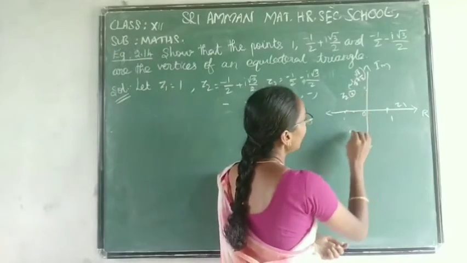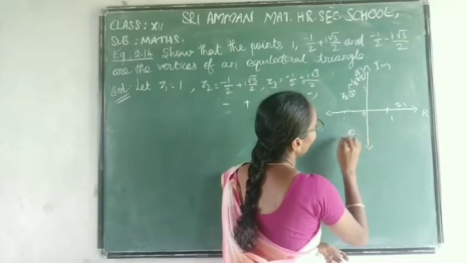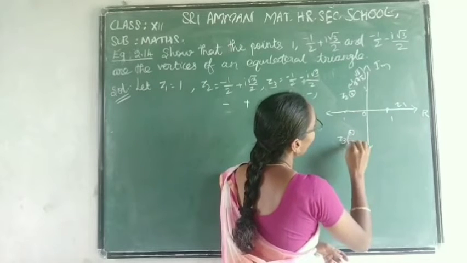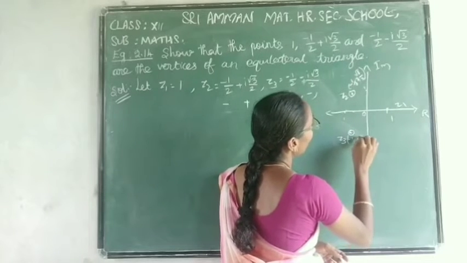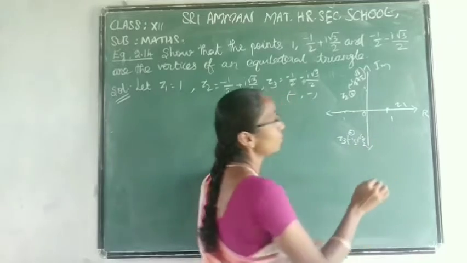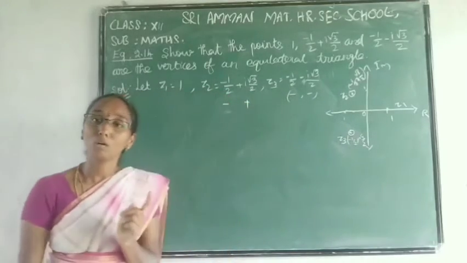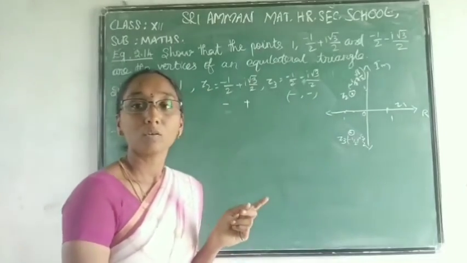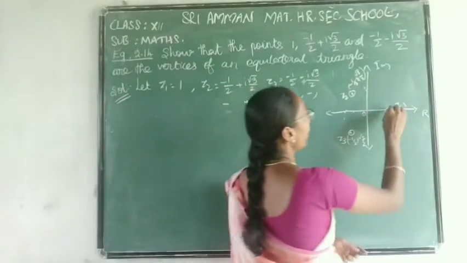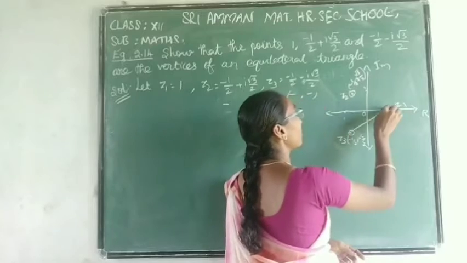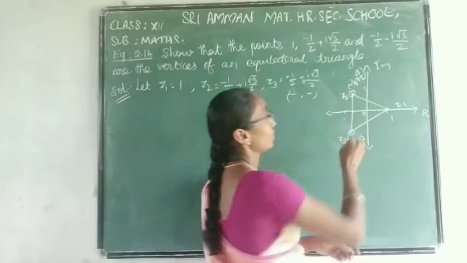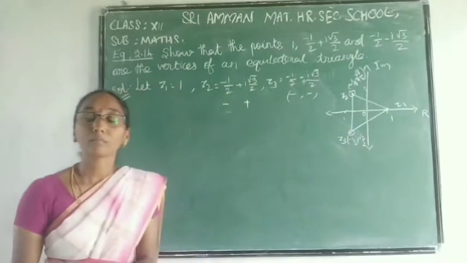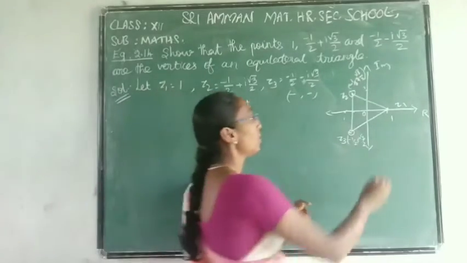So z3 is in this place: minus 1 by 2, minus root 3 by 2. Do you understand how to plot the points in the Argand plane? Now I am going to join these points.